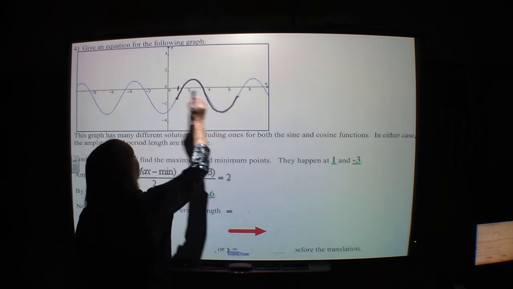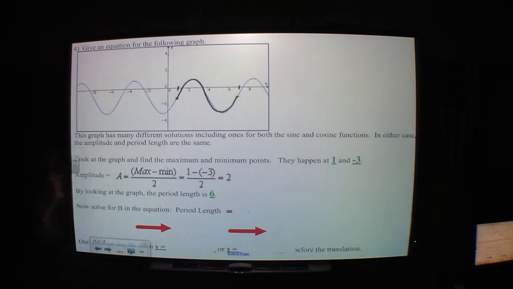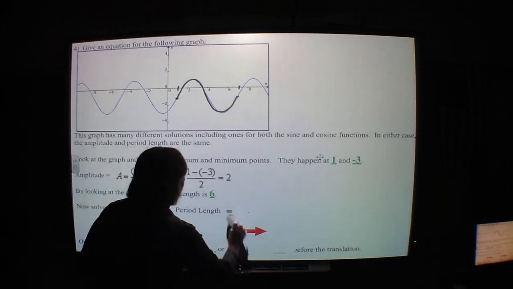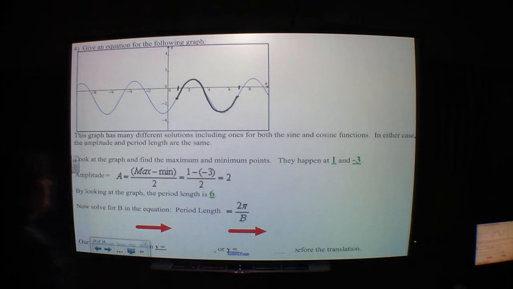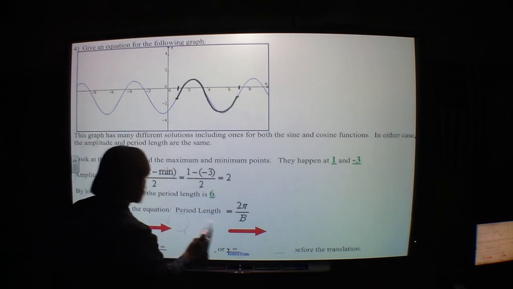I hope you can see that that's 1 and that's 7. The difference between 7 and 1 is 6. So my period length is 6. And remember that 6 will equal 2 pi over b. So if I solve this for b, I'll get b is equal to 2 pi over 6 or pi over 3.